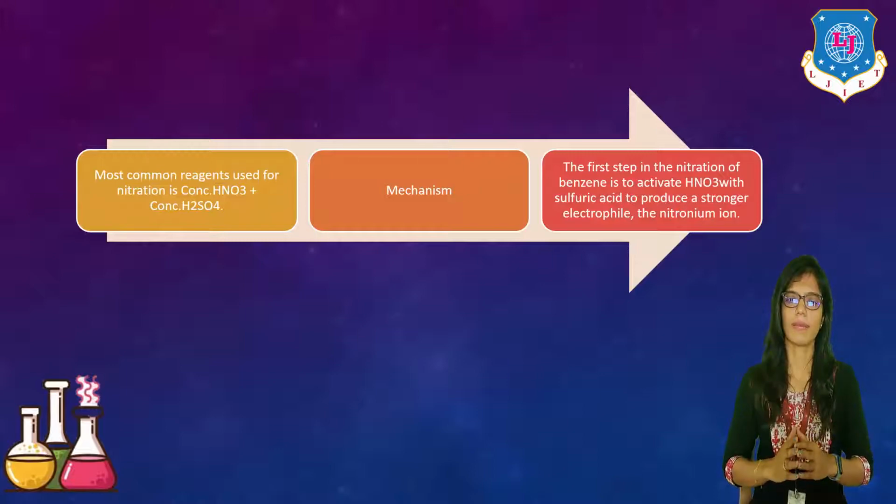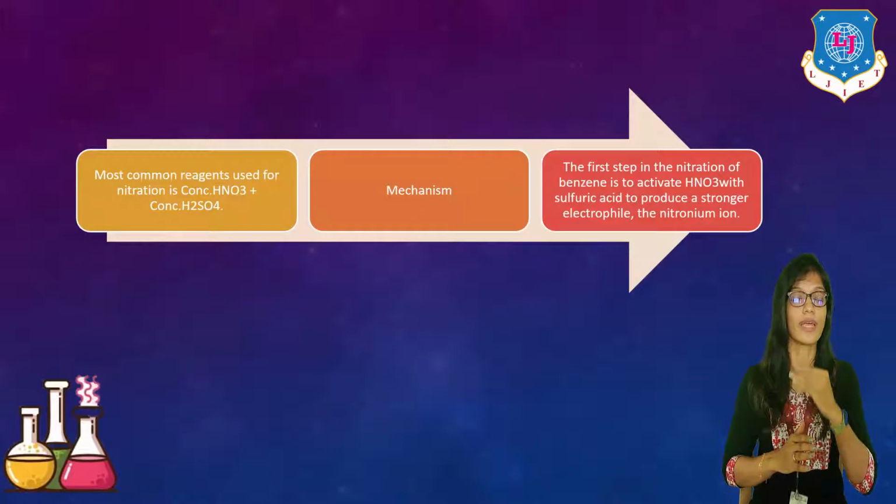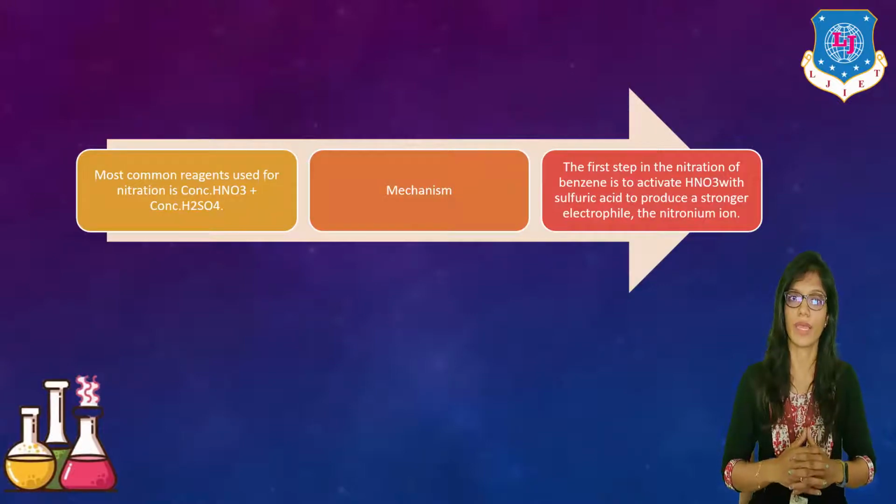The first step in the nitration of benzene is to activate the HNO3 with sulfuric acid to produce a stronger electrophile. It basically gives rise to the nitronium ion. What will happen here? HNO3 will be activated to the nitronium ion using concentrated H2SO4. That H2SO4 will not take part in the reaction directly, but it will activate the concentrated HNO3.